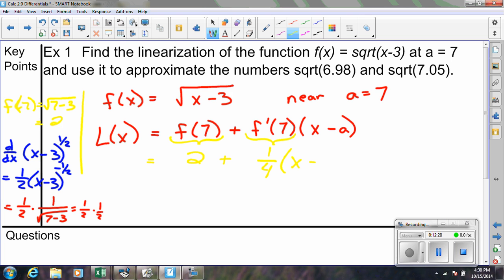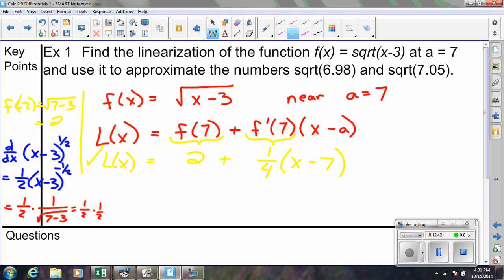Completing our linearization, a is equal to 7, and so here we go. This piece in yellow is our correct answer. It is the linearization of the square root of x minus 3 near the a value of 7.